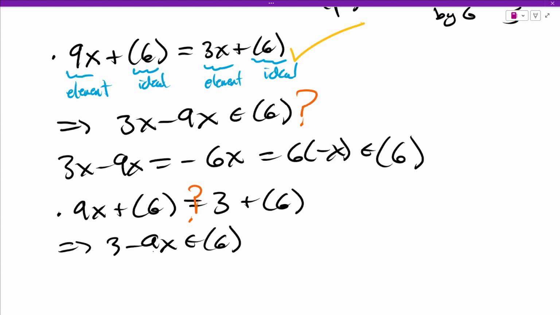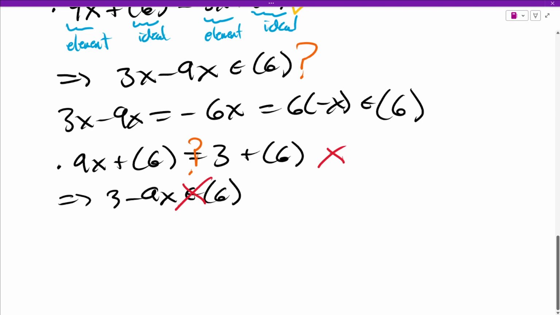But that's clearly absurd, because this would tell us that 3 and 9 themselves are multiples of 6. And this is not true. So no, these are not equal, because their difference is not in the ideal generated by 6. That is, the difference does not have coefficients that are multiples of 6.